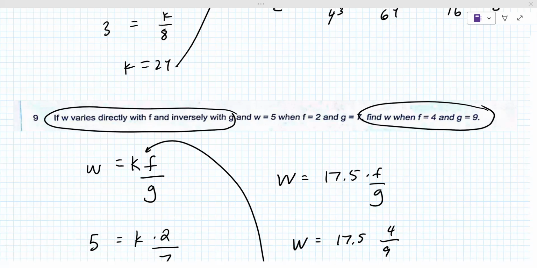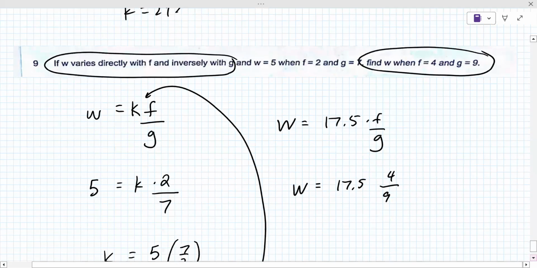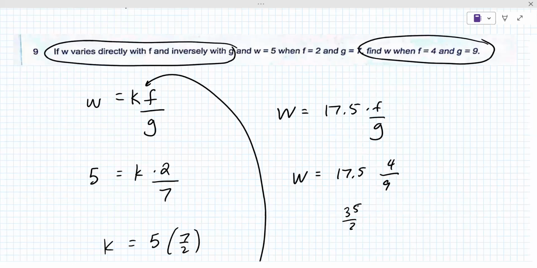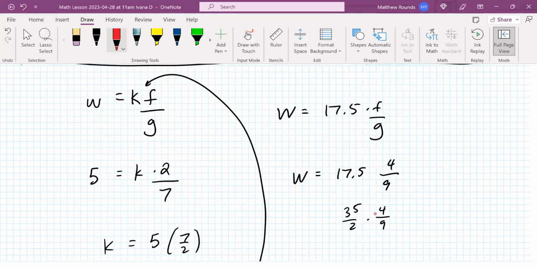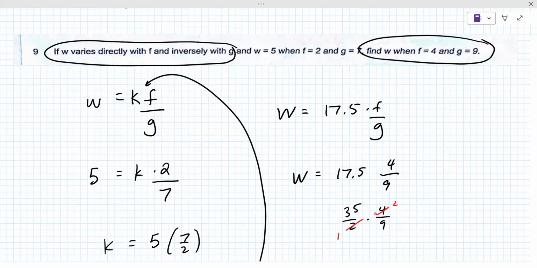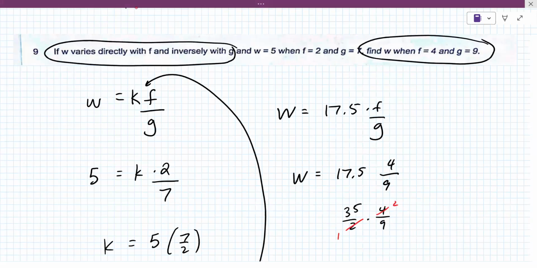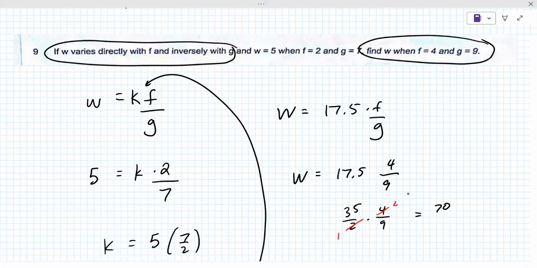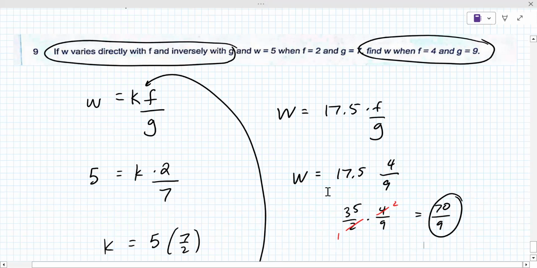I'm going to work it out here as well. If you go back to the fraction 35 over 2 times 4 over 9, the 4 and the 2 reduce. You can pre-reduce there. It ends up being 70 over 9. And that's our answer.